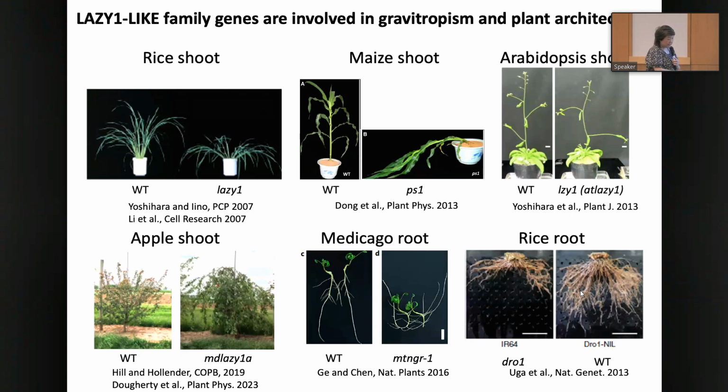We found weak sequence similarity between our unknown proteins and the rice LZY, and started functional analysis using Arabidopsis. To date, mutants lacking the homologous genes have been found in many species, and they showed gravitropic phenotypes in both shoots and roots.